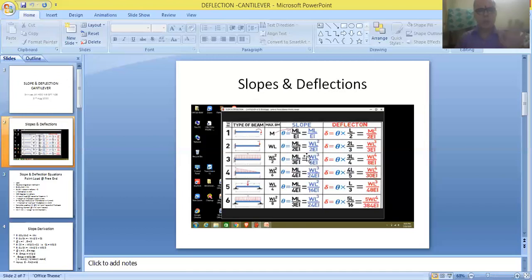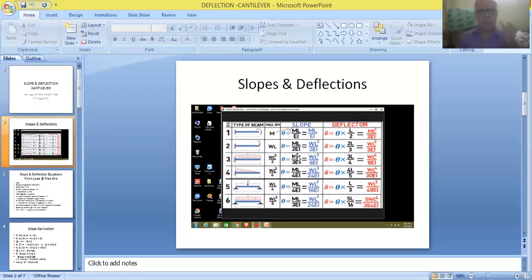So slope values in all these cases, it can be a cantilever, or a simply supported beam, a point load, or a uniformly distributed load. In all the cases, these slope values must be expressed only in terms of radians. And deflection figures are generally expressed in terms of millimeters.